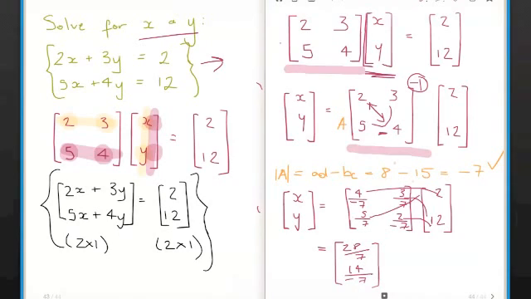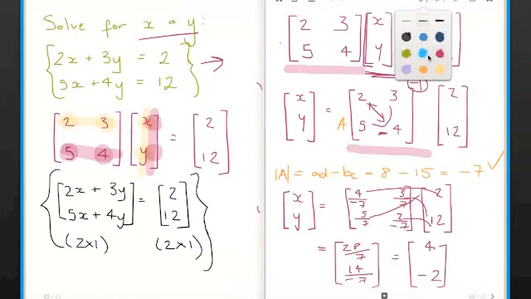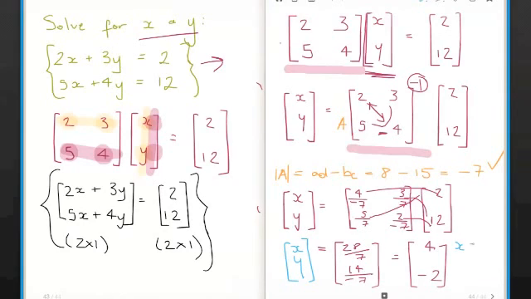So that tells me that's equal to 4 and minus 2. So because I have xy, and we know because of our matrix equality, if xy equals 4, minus 2, x equals 4, y equals minus 2.